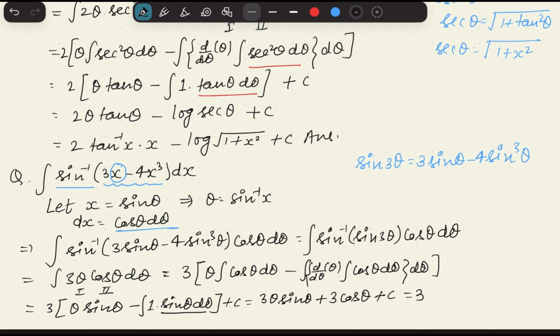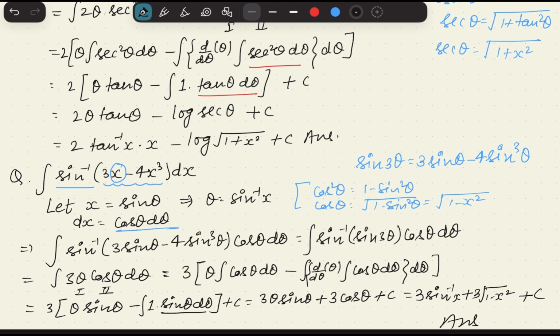So we get 3 times theta, which is sine inverse x, plus 3 cos theta. Now we know that cos square theta is equal to 1 minus sine square theta. So cos theta is equal to under root 1 minus sine square theta. So this is equal to under root 1 minus x square, plus c. This is the answer.